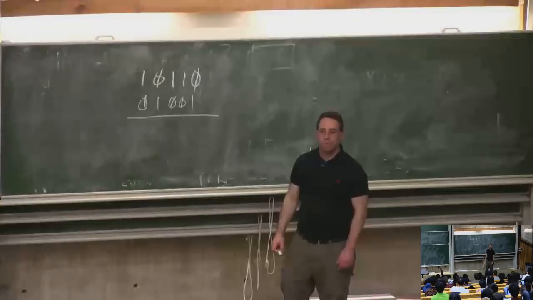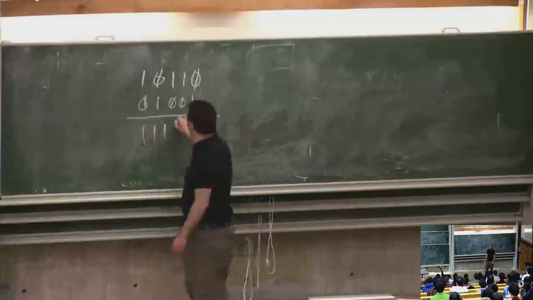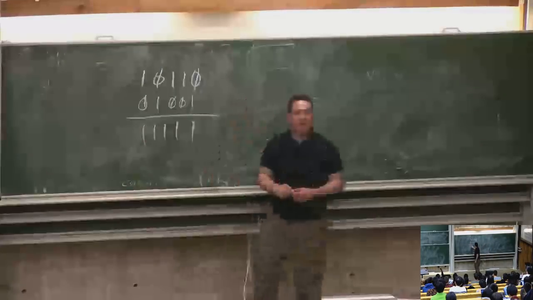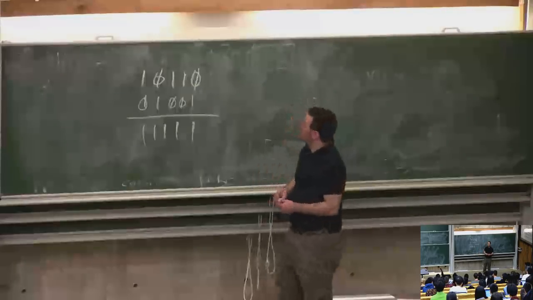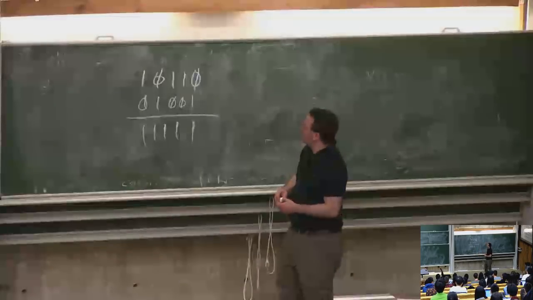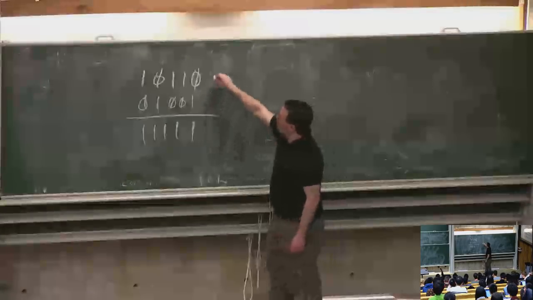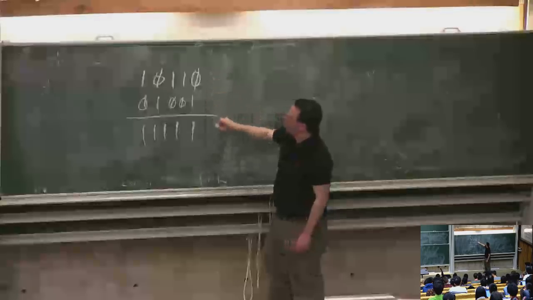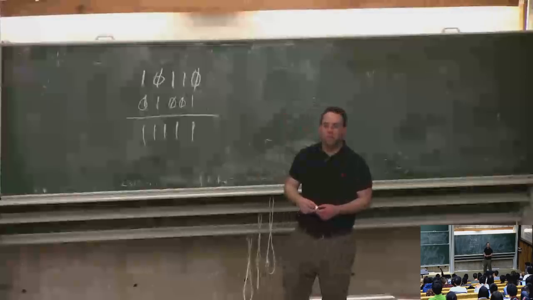What do I always get? All ones, right? Negative 1. We agree? So this would suggest that if I take these two things and add them together, I get negative 1.